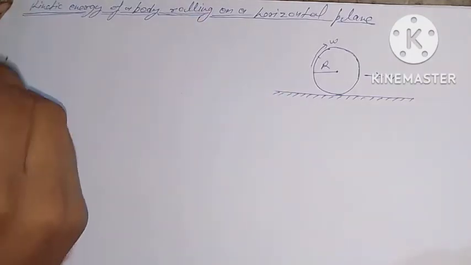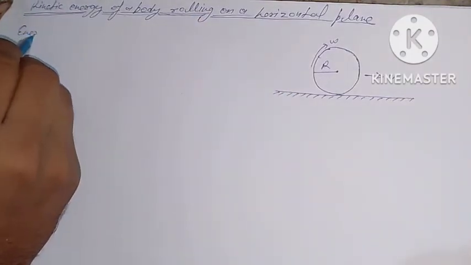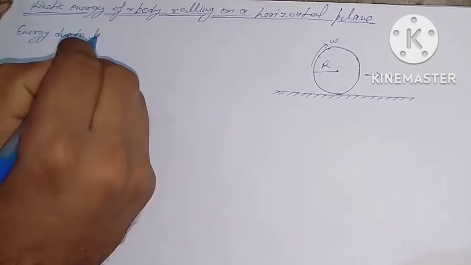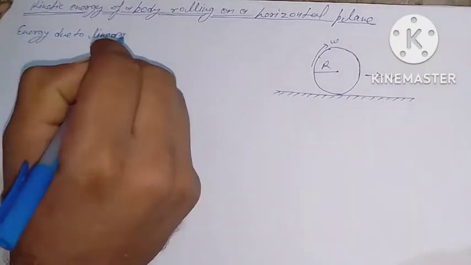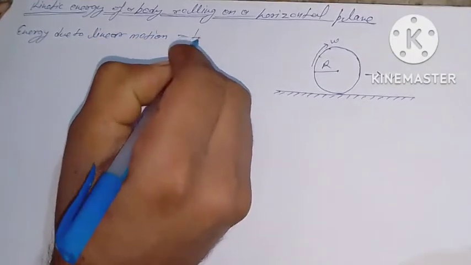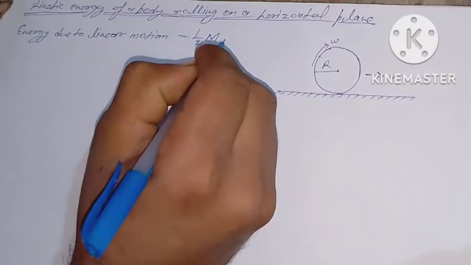Energy due to linear motion equals 1/2 MB square.